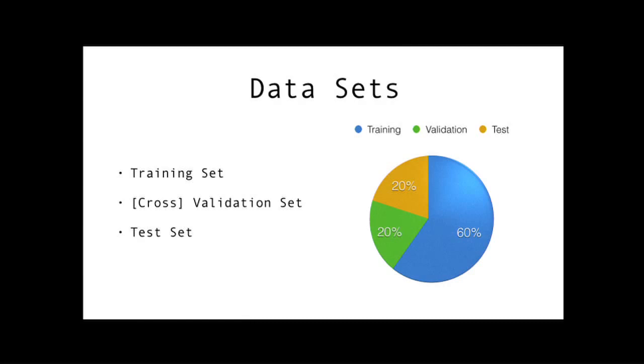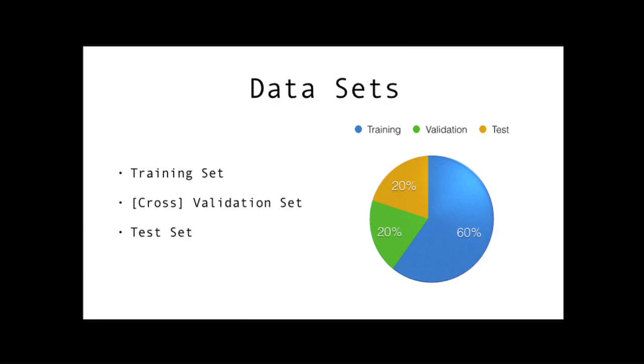I'm going to take my data and split it. The numbers vary, but people typically use about 60% of the data to train their system. When you've trained the system, you want to be able to compare the model that you've built with other possible models. There are many models that you can use.